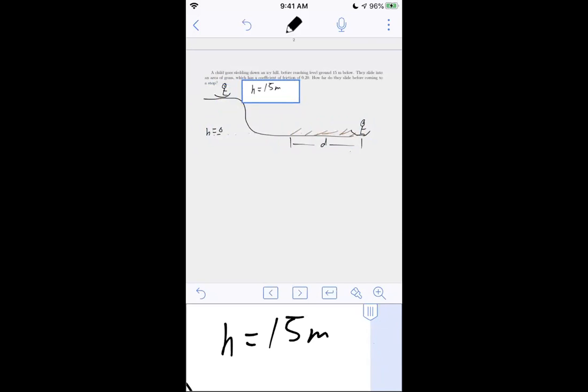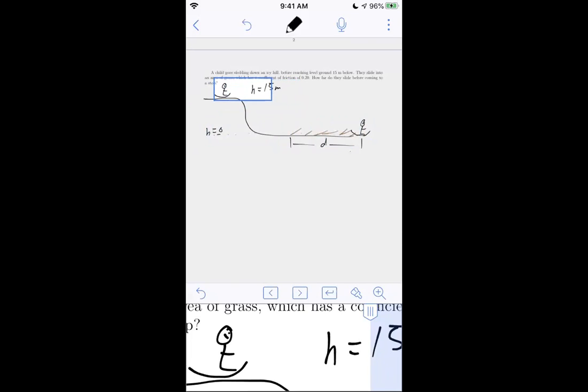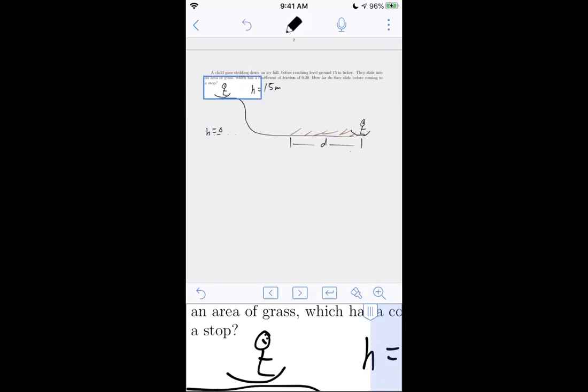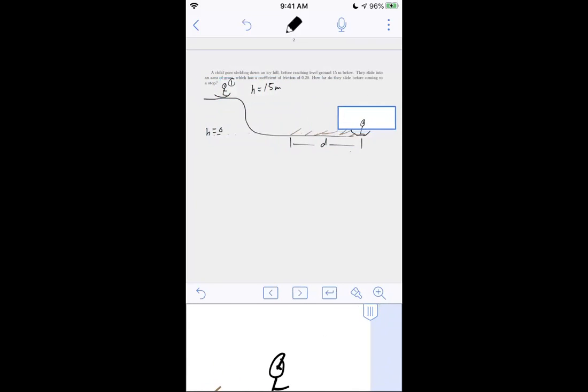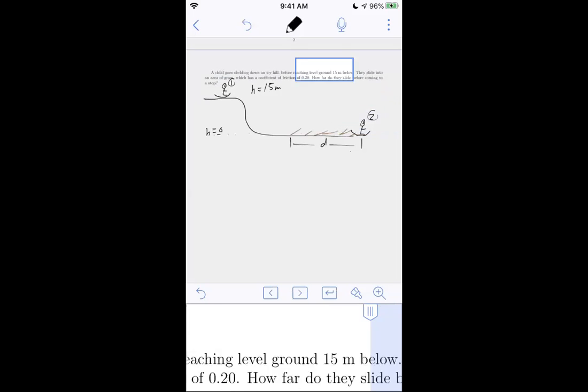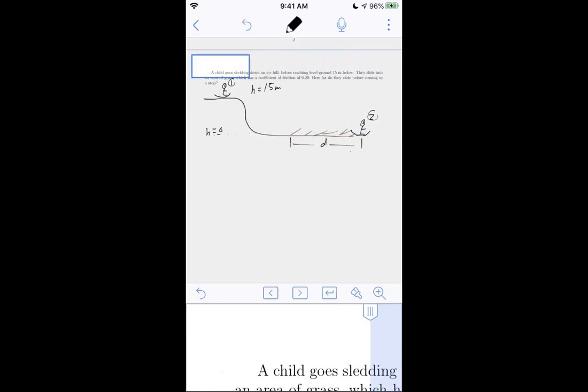Okay, so let's look at our points. We're going to connect point 1 here to point 2 there. And really, it probably would have been a good idea for me to write down my definition of the system for the first problem as well.